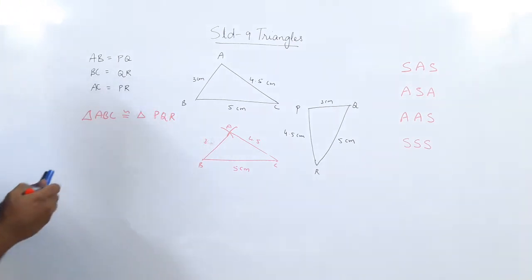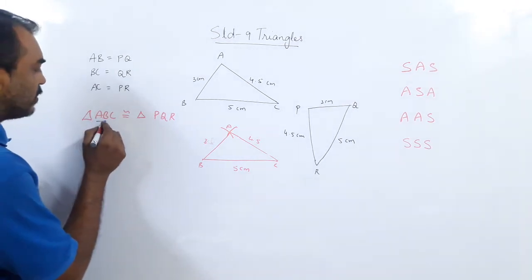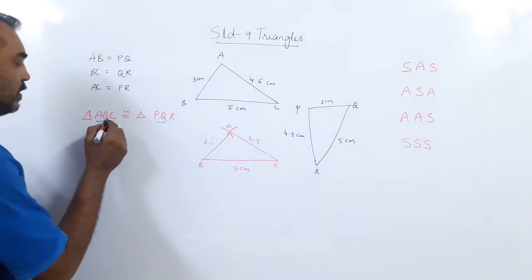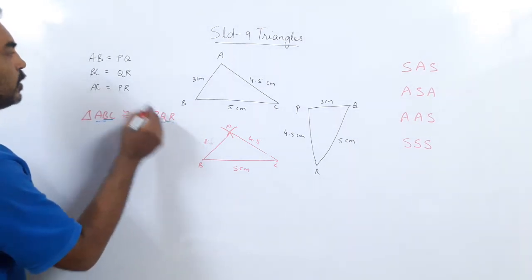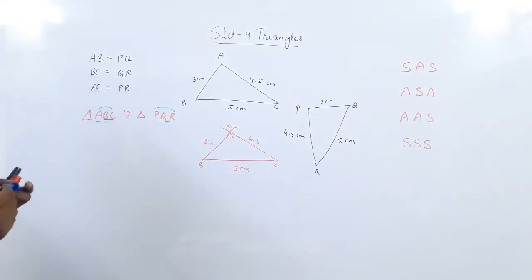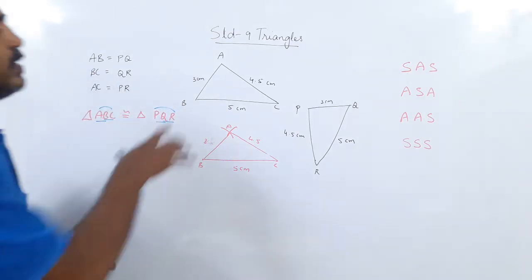So can we check now? Let us check taking the sides. The first two letters, AB is equal to PQ, yes. Then BC equal to QR, yes. And AC equal to PR, yes. For this correspondence, these two triangles are congruent.